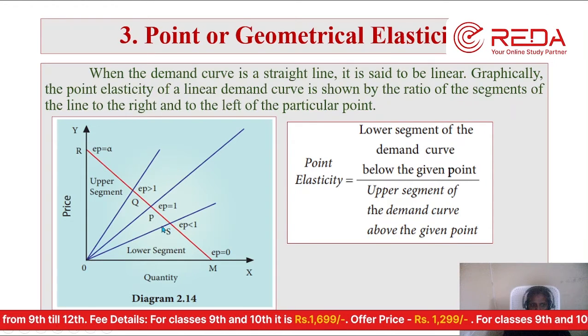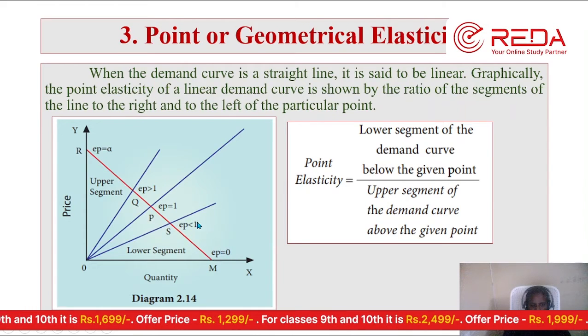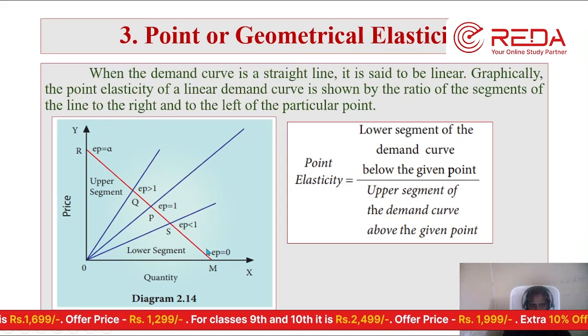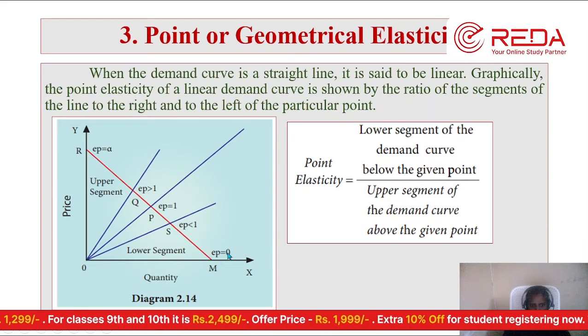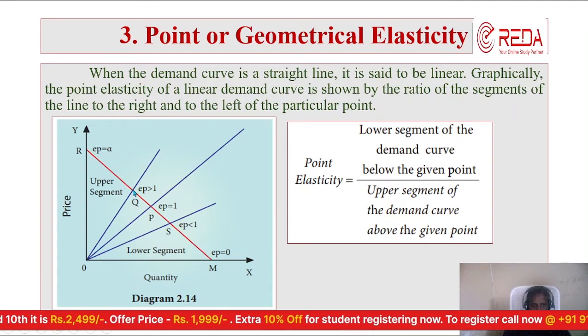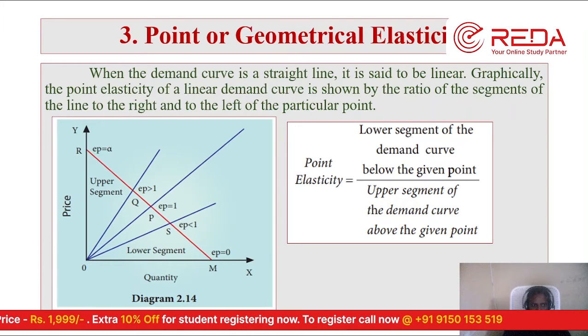It is the lower segment of the demand curve which is below the given point. This lower segment we call EP equal to 0, and the upper segment of the demand curve above the given point, EP equal to infinity.